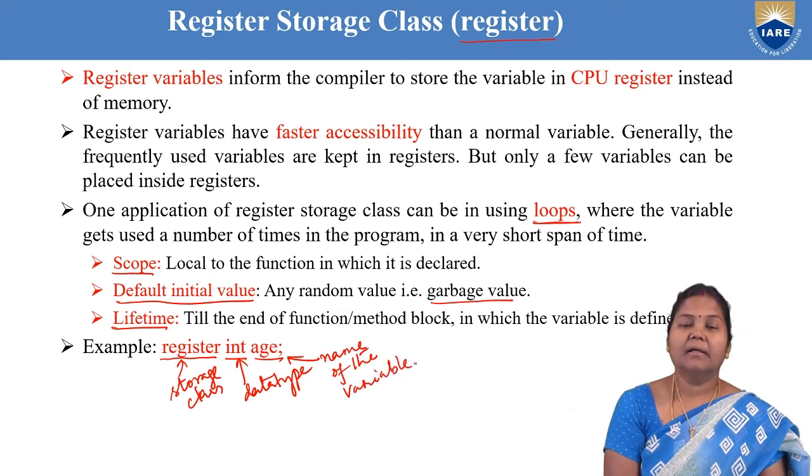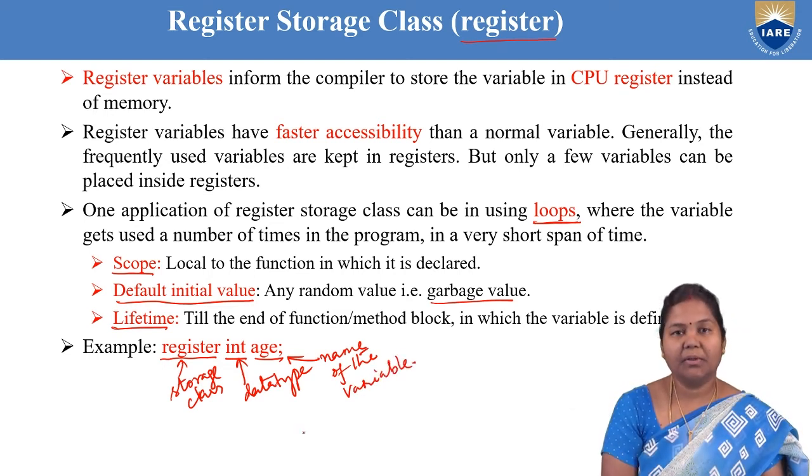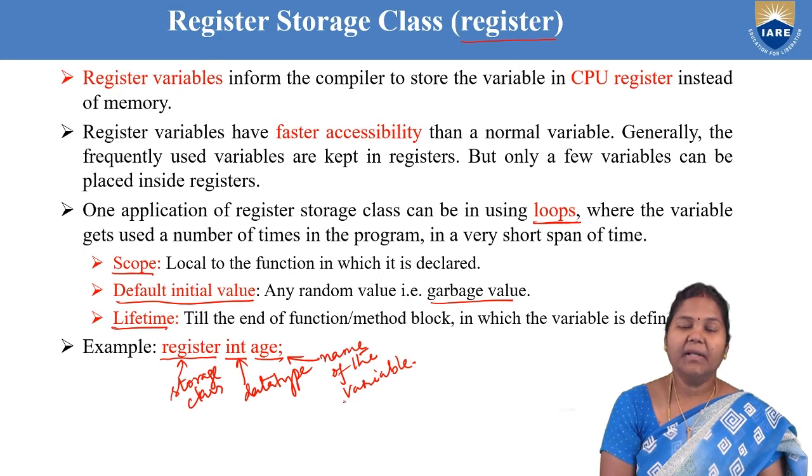But there is an important point to be noted here: whenever a variable is declared to be register, but in the CPU registers sufficient space is not available to store that variable, then by default, automatically by the compiler, it is treated as automatic storage class type. So there is no mechanism to find out whether the variable is really stored in a CPU register or in memory.